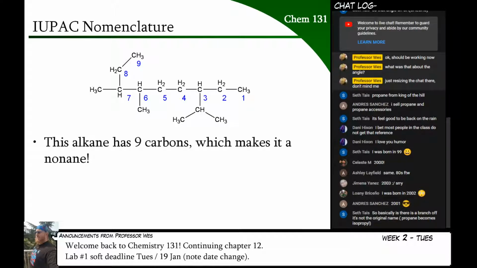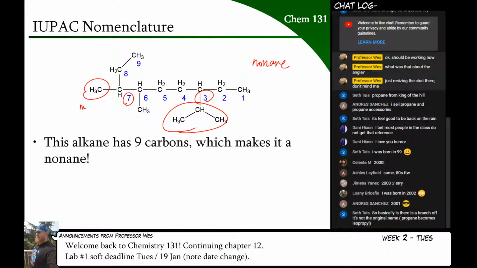Okay, so first of all, there are 9 carbons. That means that when I give this a name, it's going to have nonane in its name. The next thing that I want to do is take the number and the group and put those together. Let's start with an easy group. This one is at position 7.